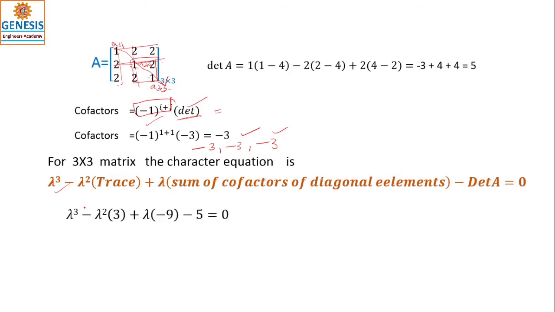So I have substituted, and the characteristic equation is this. From this you can find the values by solving it. I am not going into the details of that; I am just forming what is called the characteristic equation.